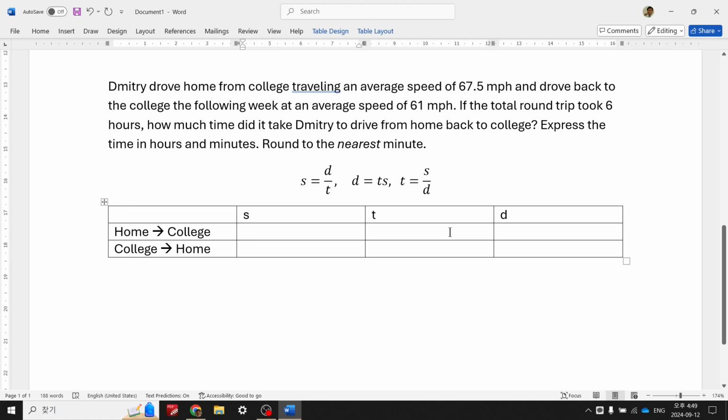Introduce new variables if it's unknown, and if you know something, you put something in. Okay, so first, from home to college, what's the speed? What does it say? 67.5, okay? What's the time? Do we know? It's 6 total, but we don't have it.